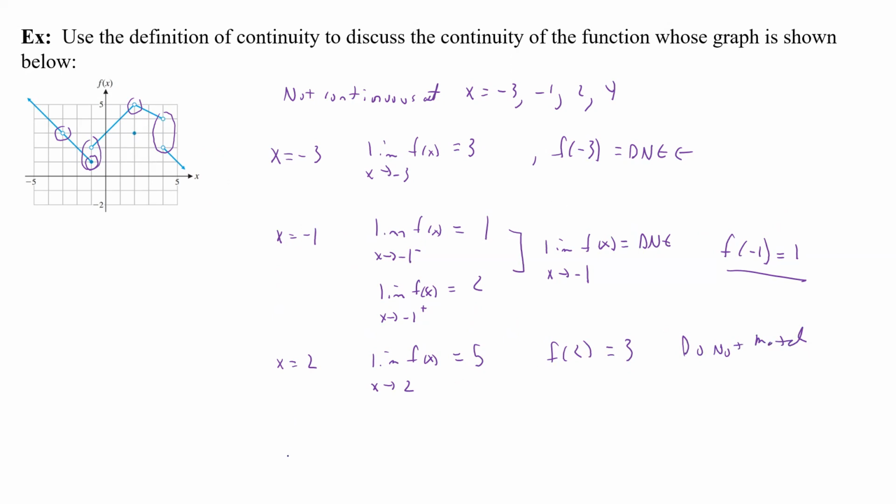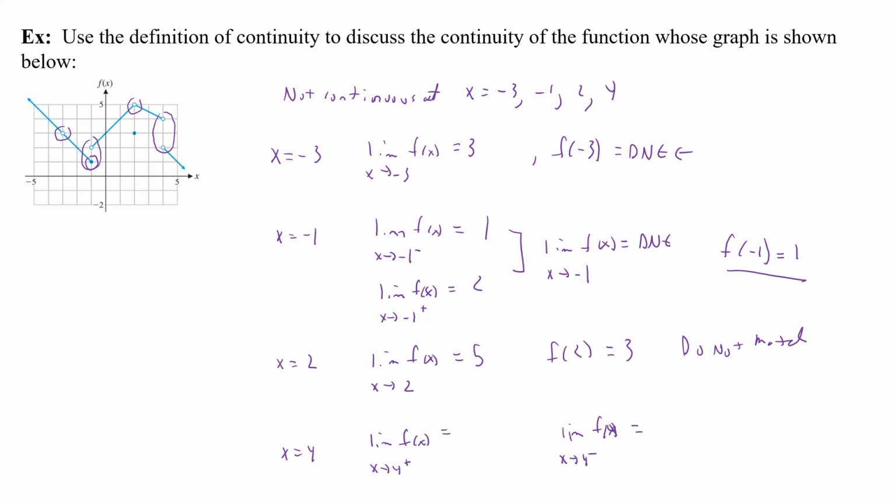And our last one is x equals 4. Here again, we have 2 directions. So we're going to have the limit of f of x as x approaches 4 from the right, and the limit of f of x as x approaches 4 from the left.